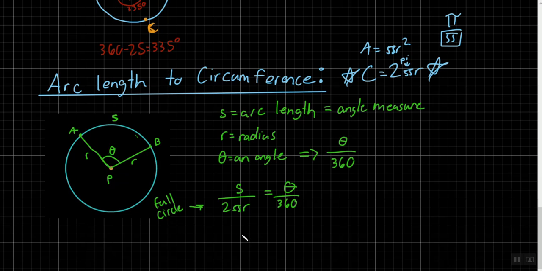S. So if I get S all by itself, what do I have to do? Pi. Yep. 2 pi r on both sides. So my arc length equals theta divided by 360 times 2 pi r.